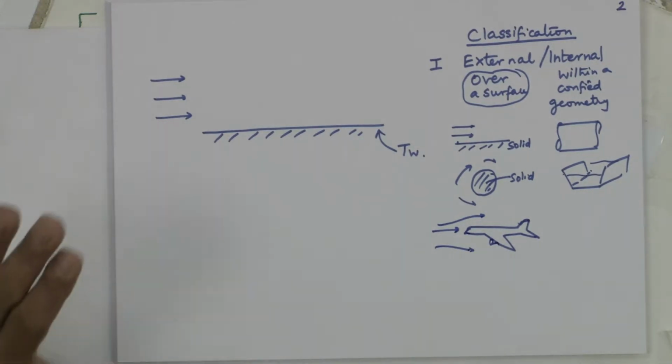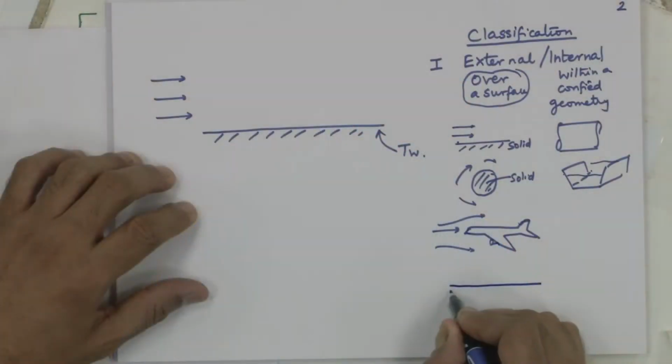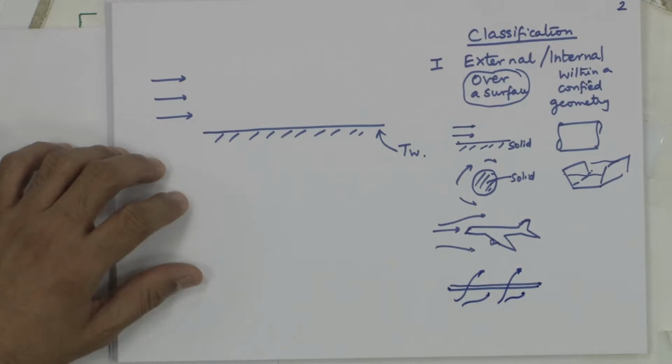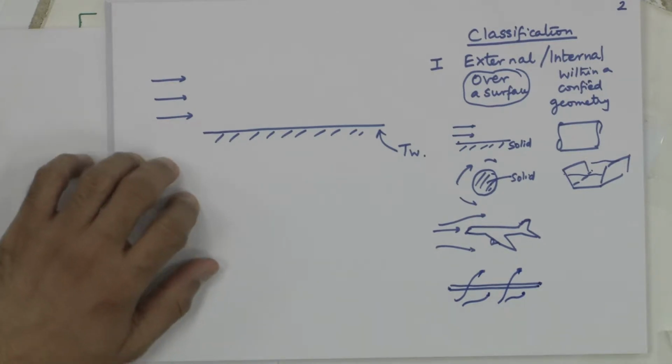External flow you see in various real life applications. You have these transmission wires. It's nothing but flow over a small cylinder. This is your transmission wire, and you have air flowing over it at all points of time, taking away the heat that is being generated by the current.